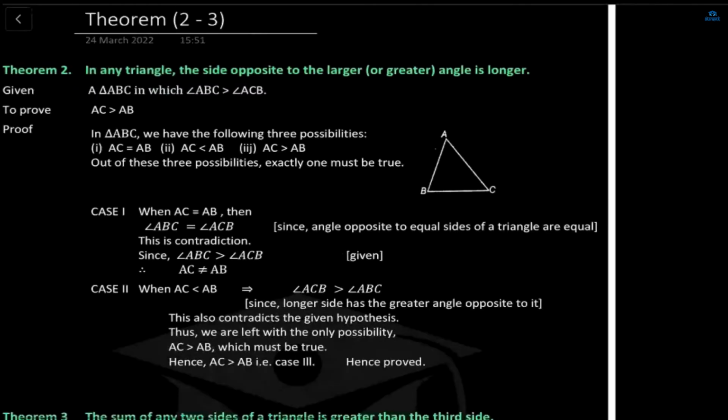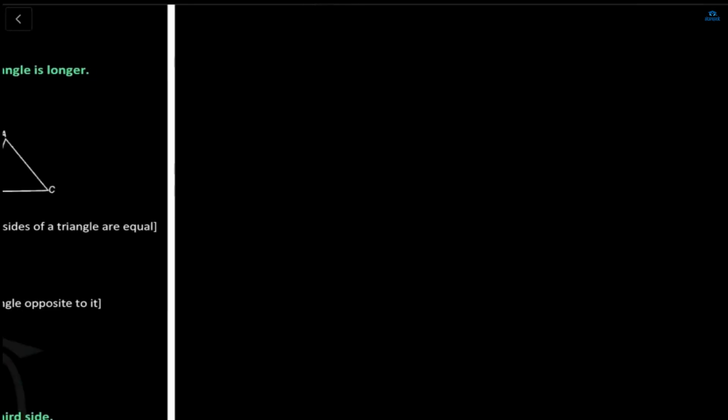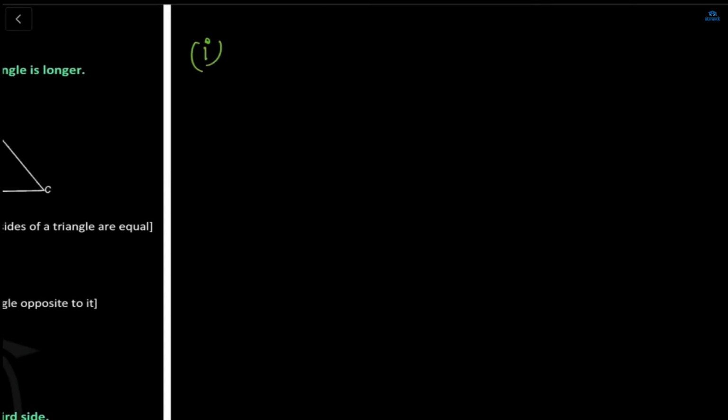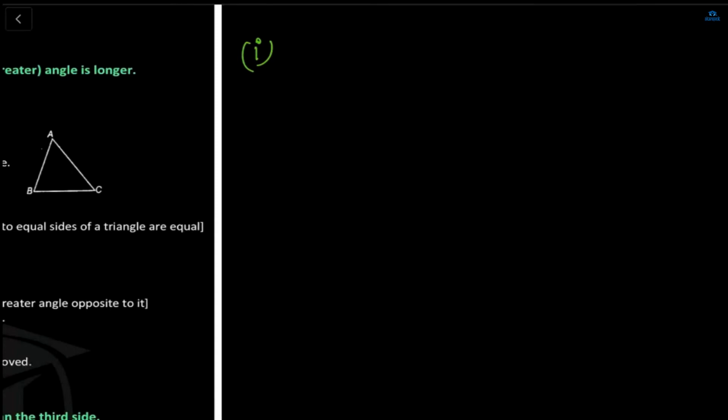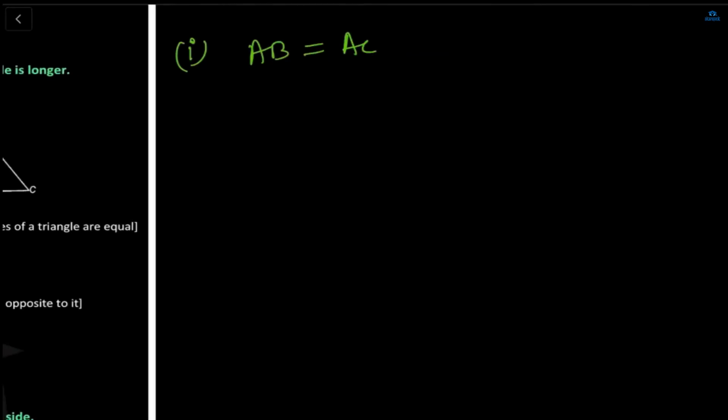Now here you can see three cases will arise, because we are talking about the length of the sides. When we are comparing, three cases will arise. What are the three cases? First case: here your triangle ABC is there, so AB is equal to AC. Second case: AB is greater than AC.